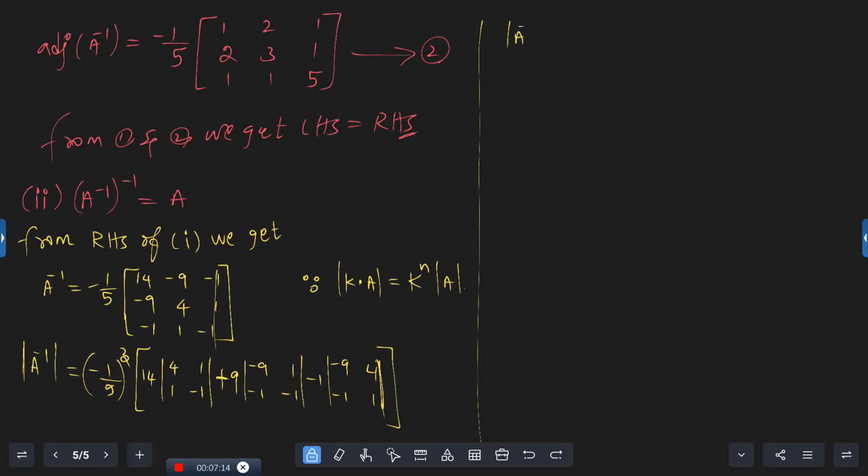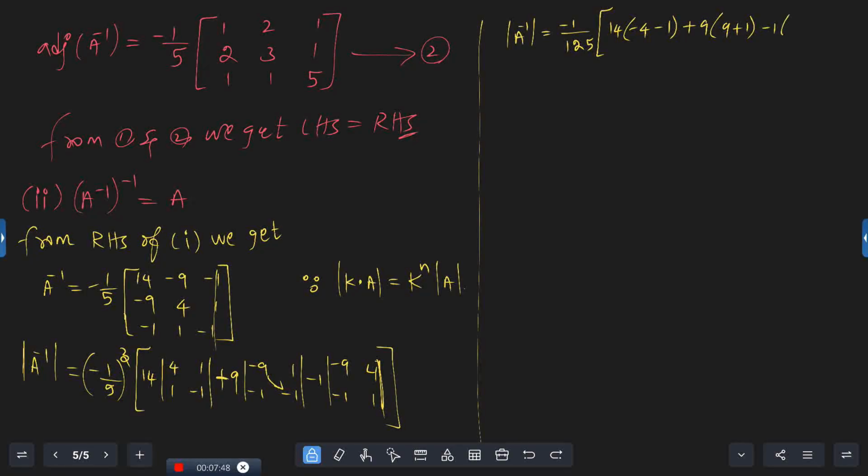So determinant of A inverse is equal to, what you will be getting here? Minus 1 cube, minus 1, 5 cube, 125. Now the determinant of A, what I am getting if you find for this, just see. 14 into 4 into minus 1, minus 4, formula minus 1 ones are 1, plus 9 into minus 9 into minus 1, so plus 9 you will be getting, minus into minus you will be getting plus 1.